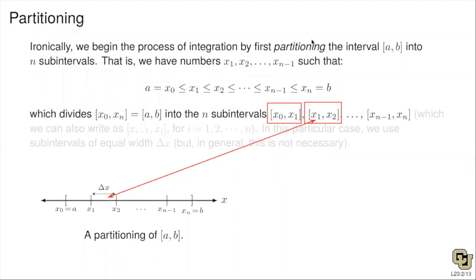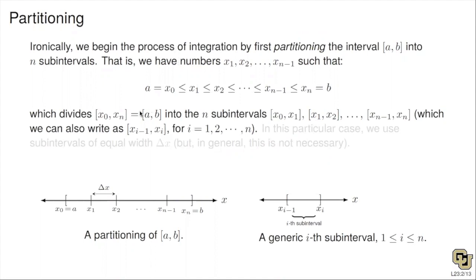So if you look at all these subintervals, they kind of have a similar pattern. They're x sub some number, comma, x sub the next number. So we write it generically this way. This is an easier way to express all of the subintervals. So here, we can replace i with any one of these choices to find the ith subinterval.